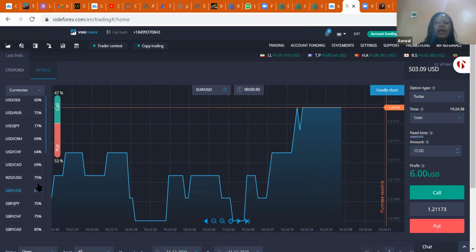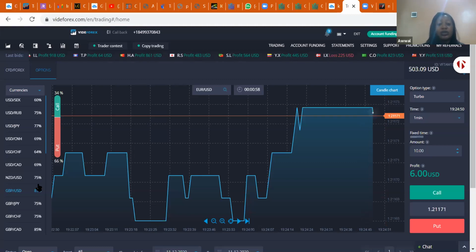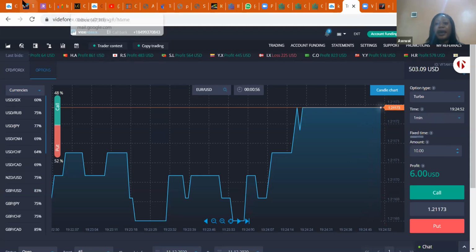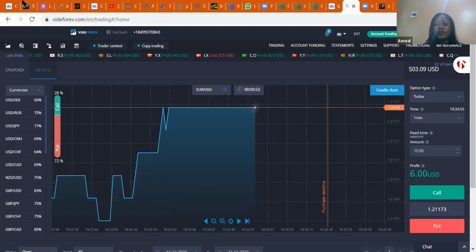Guys, those numbers in percentage simply represent your percentage payout. Can somebody type percentage payout into the chat box? Amazing.